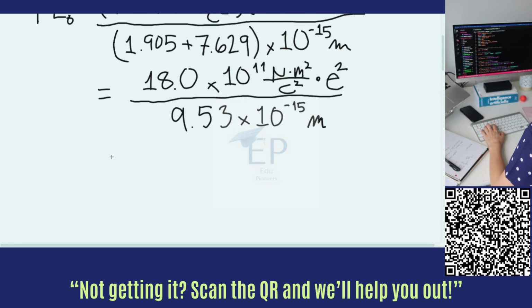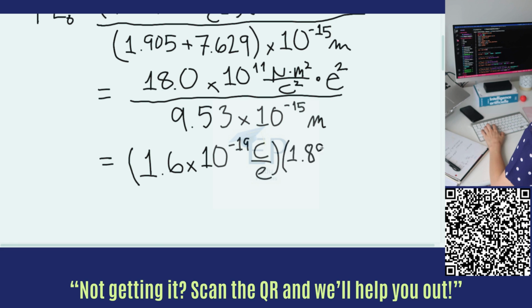Now we need to pay special attention to our units here. And we want to end up with an answer in electron volts. So the conversion factor for that is 1.6 times 10 to the negative 19th coulombs per amount of electron charge times this quotient here, 1.89 times 10 to the 26th.